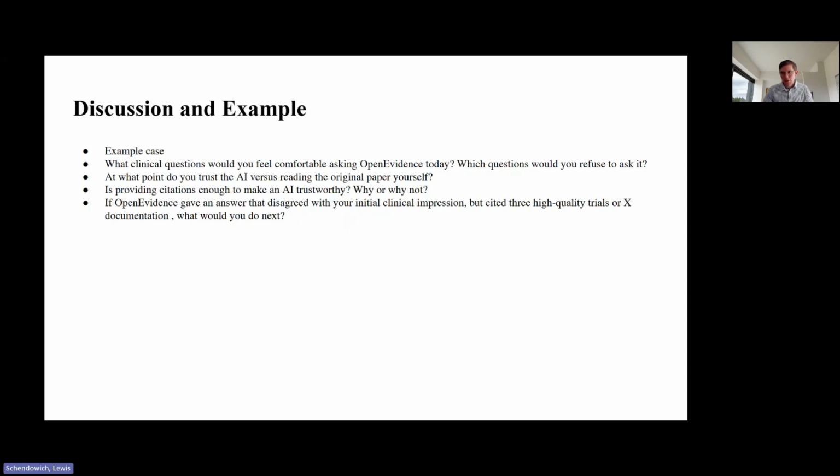Well, I think there's two things to consider. The first is that the entire landscape has changed very rapidly. Even since I just started my fellowship, it's completely changed, with almost 50% of people using OpenEvidence in such a short amount of time.